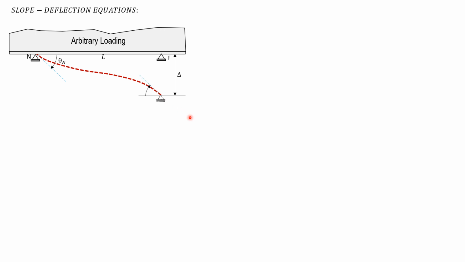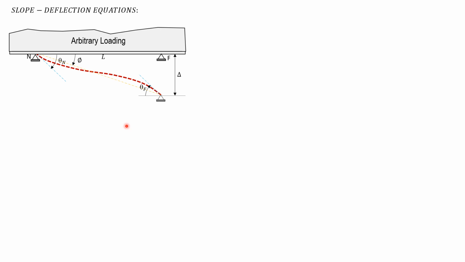So let's call that theta F. And the chord joining N and F also rotates clockwise, and remember, the angle is very small. Let's call that psi. The rotation of the chord is also clockwise.